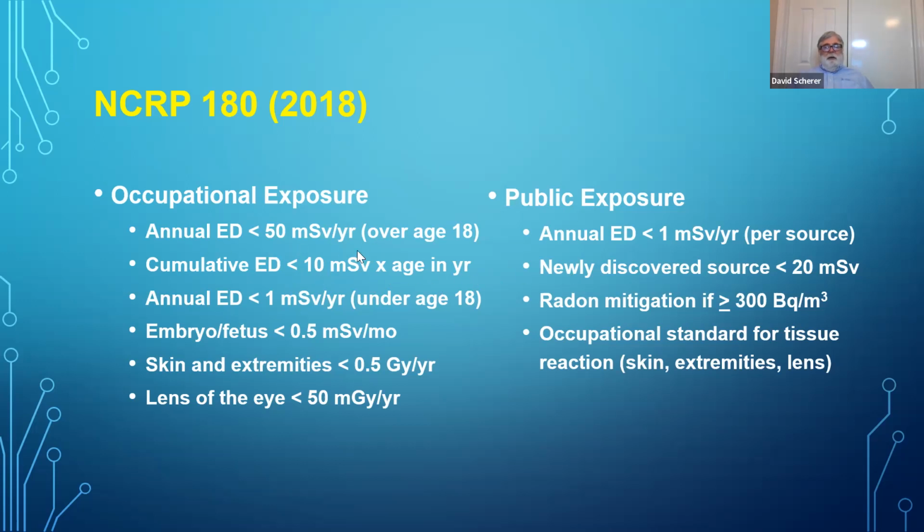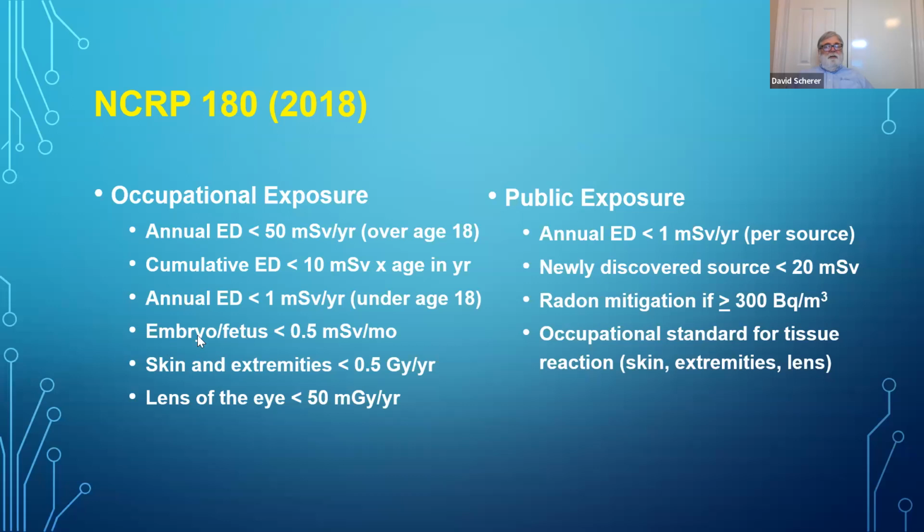It's an attempt to ensure that the lifetime exposure is kept in check while providing some flexibility on individual years up to 5 rem per year. There is still a possibility of a planned special exposure. Workers that are below 18, 1 millisievert per year. It's the same as the public.